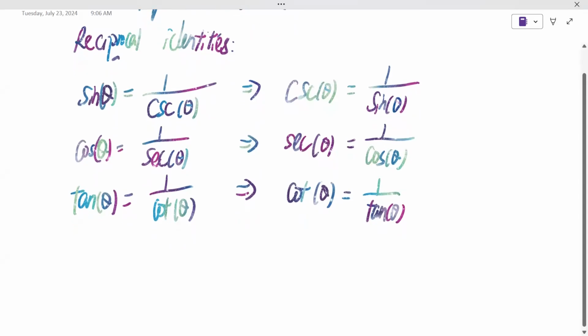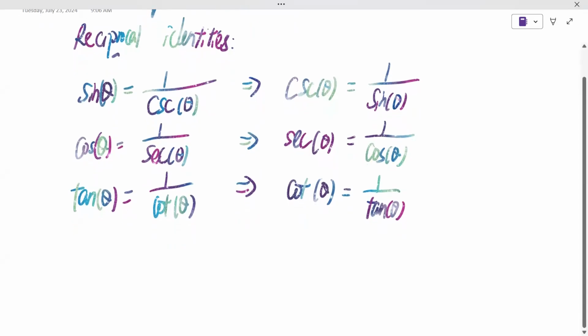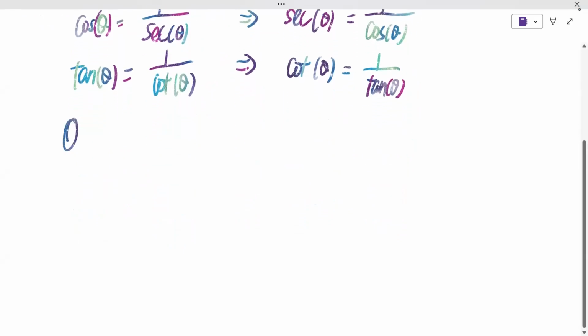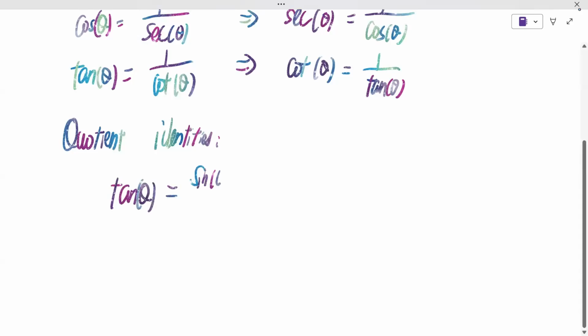And also the next one is called a quotient identity. There are just a couple of quotient identities based on sine and cosine. So tangent theta equals sine theta over cosine theta.